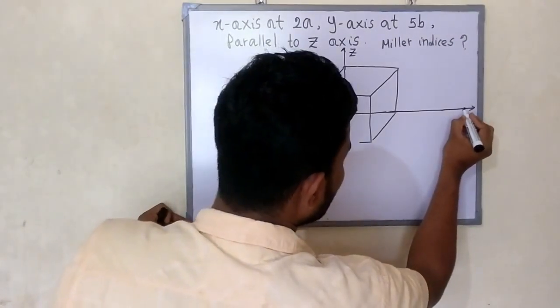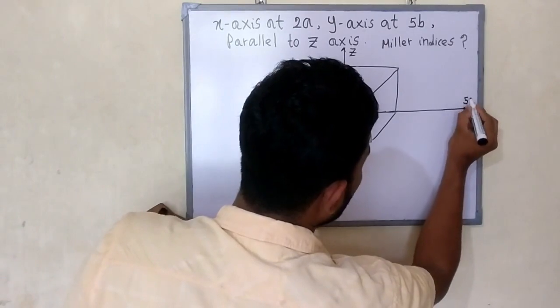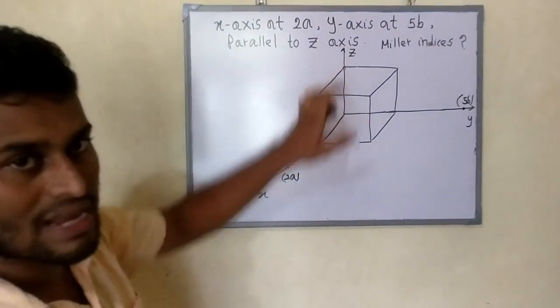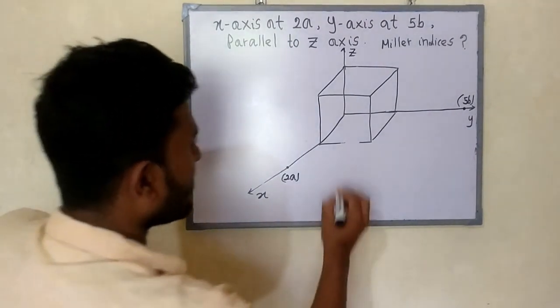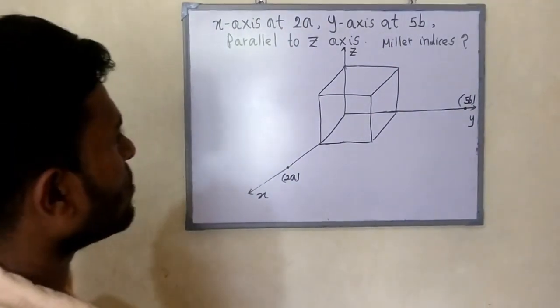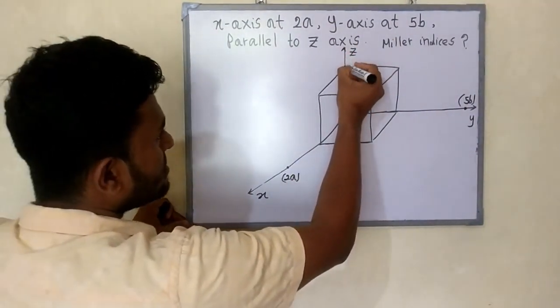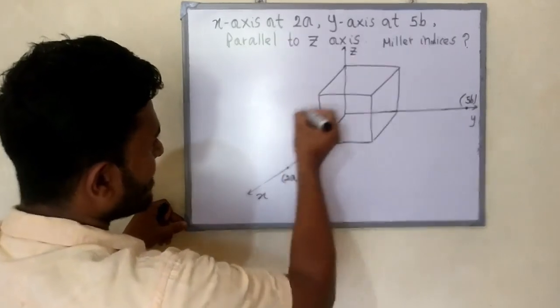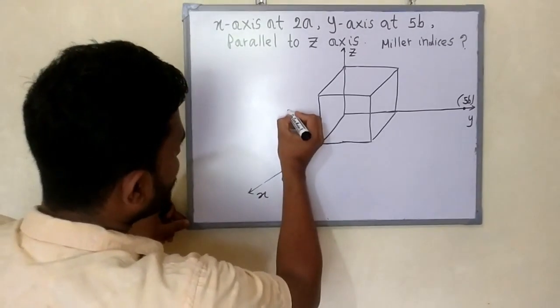I will write here, it is 5b. And it will be parallel to the z-axis. So the plane is always parallel to the z-axis. Now if we think about this point, here also this is the x direction, it will go up to here.